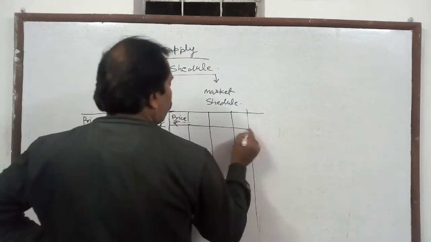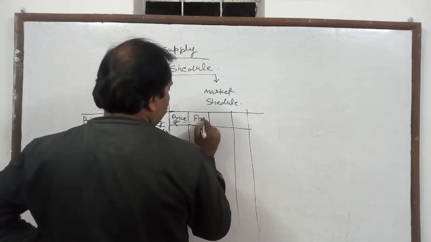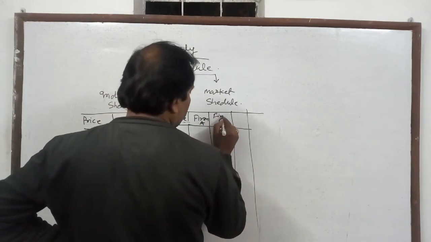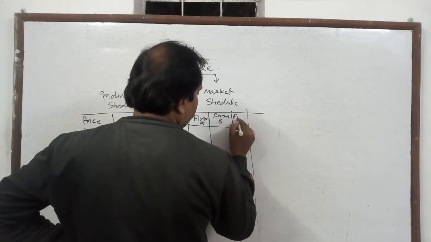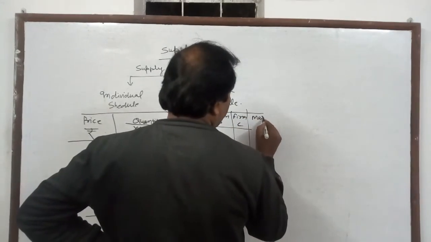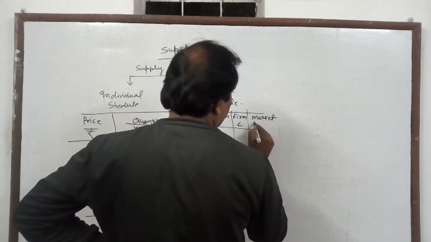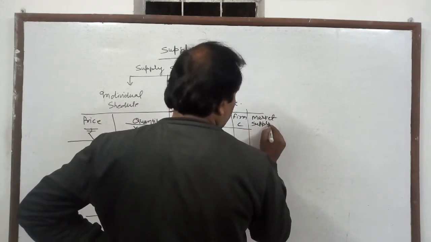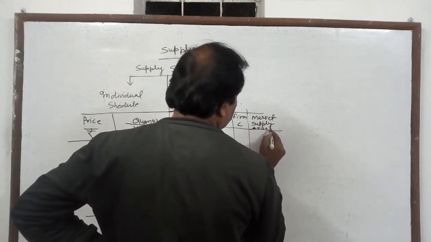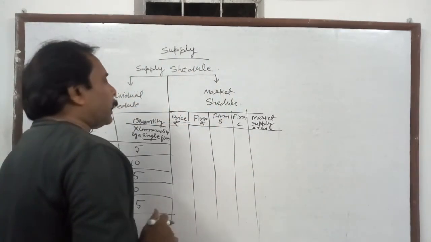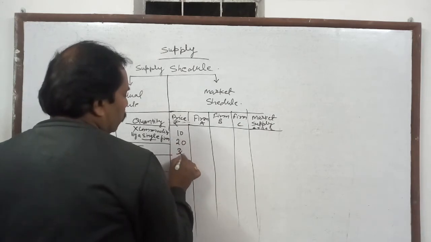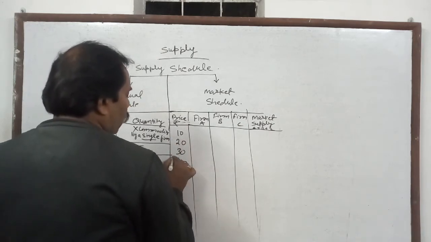Okay, so firm A, firm B, firm C. So market supply is the combination of firm A plus B plus C. Suppose the price is 10, 20, 30, 40 and so on.